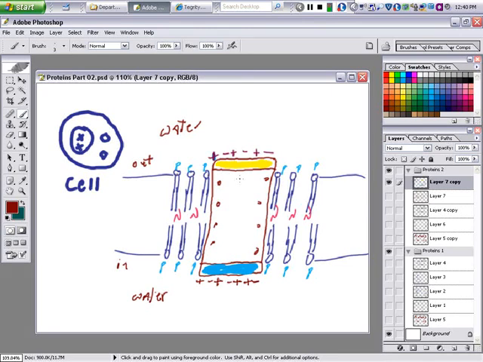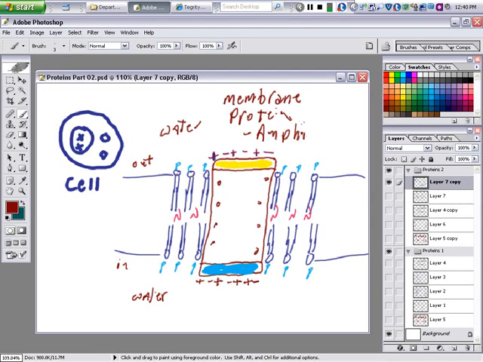So membrane proteins are said to be amphipathic. They have a polar region and a non-polar region. So here we have a membrane protein, and we can say they're amphipathic. The word amphi means both.